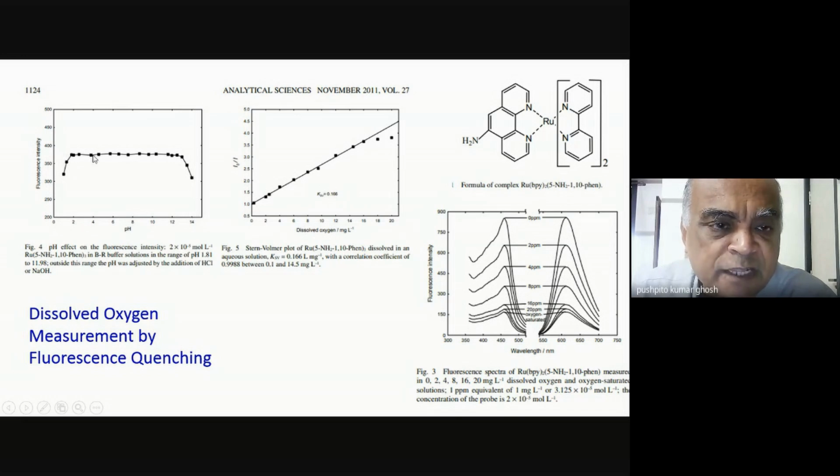Now you can see that in these two extremities there is a perturbation by the pH, but in this range of around 2 to around 12 or 12 and a half, the fluorescence intensity is remaining quite constant. I'm talking about the fluorescence intensity where there is no oxygen.